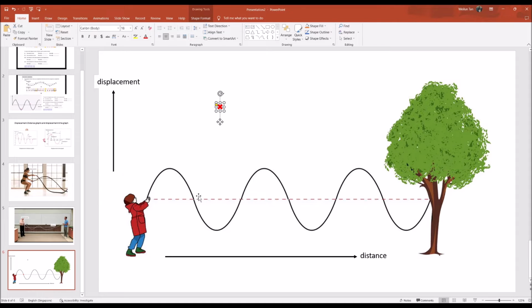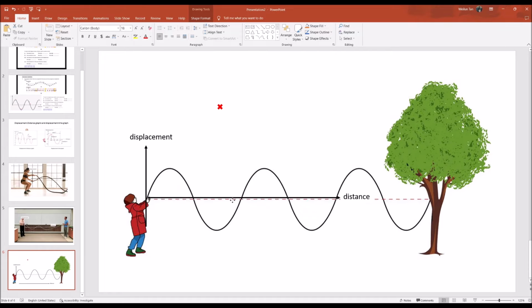So this person is tying a rope to a tree and starts moving the rope up and down to form a rope wave, and at this moment I took a picture. So this wave now looks like this. At t equals, I don't know, maybe 10 seconds later I took a picture, and then I want to know how at t equals 10 seconds the displacement and the distance differ from each other.